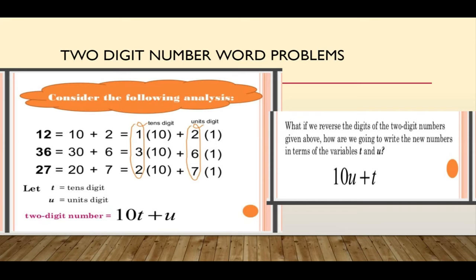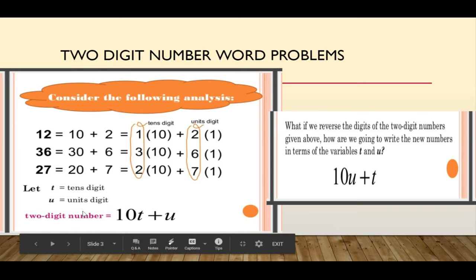That's how you generally write a two-digit number. So 36 similarly can be written as 3 into 10 plus 6 into 1. And for 27, it will be written as 2 into 10 plus 7 into 1. So basically 10 will be multiplied with tens digit and 1 will be multiplied with the units digit.